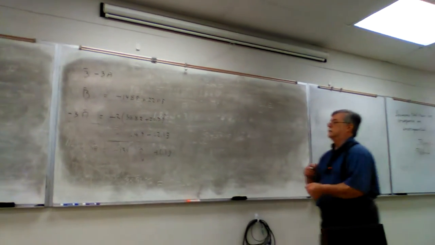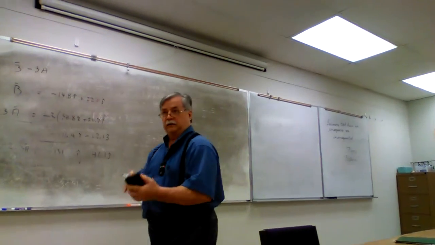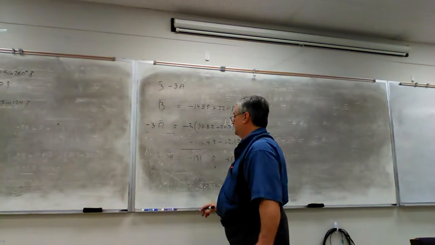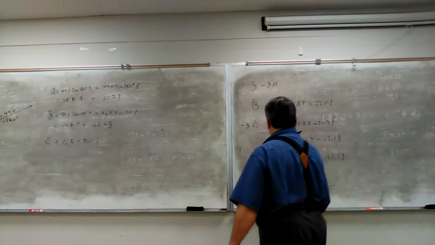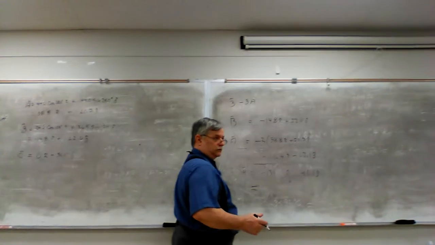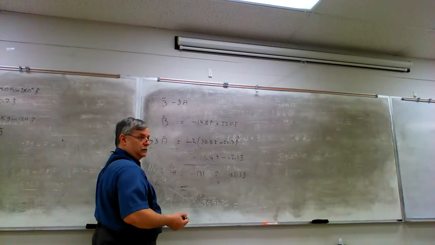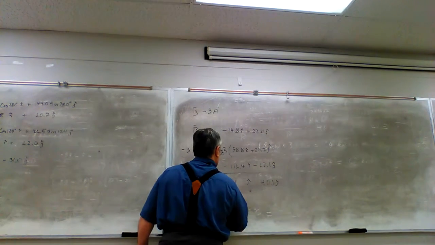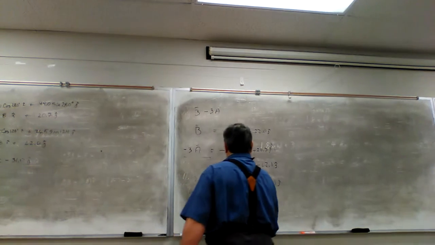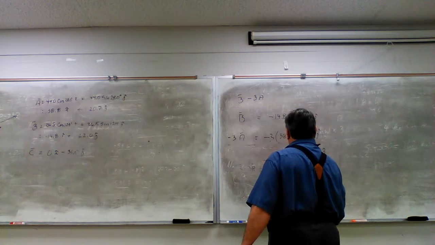So, how do we get the magnitude of this vector? The magnitude of it is the square root of 131 squared plus 40.1 squared.